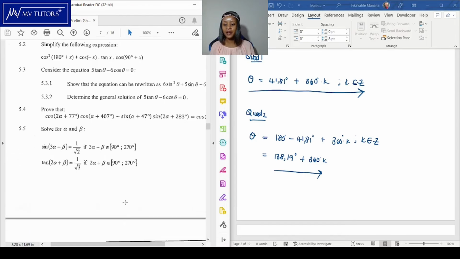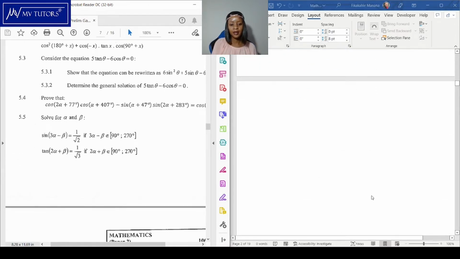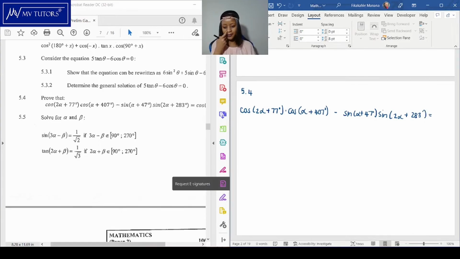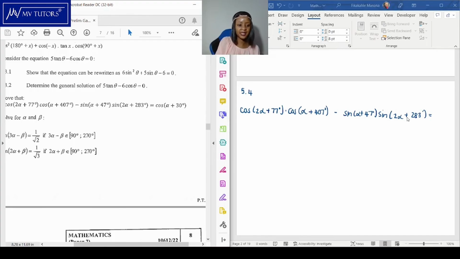Alrighty, now we get to question 5.4. Prove that cos(2 alpha + 77 degrees) times cos(alpha + 407) minus sin(alpha + 47) times sin(2 alpha + 283) is equal to cos(alpha + 30).